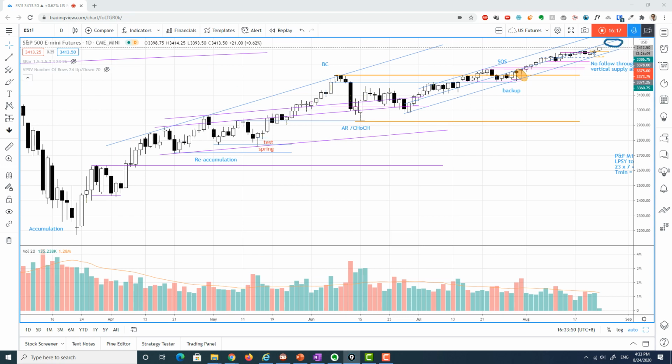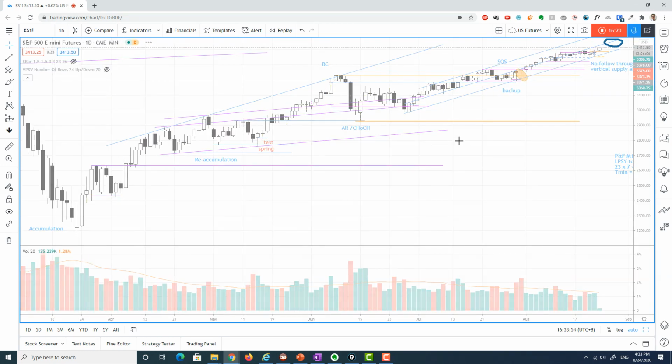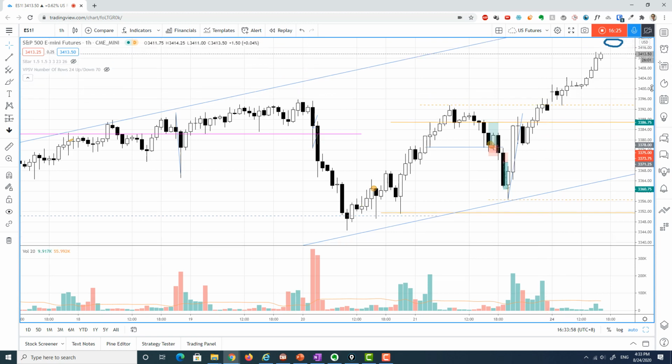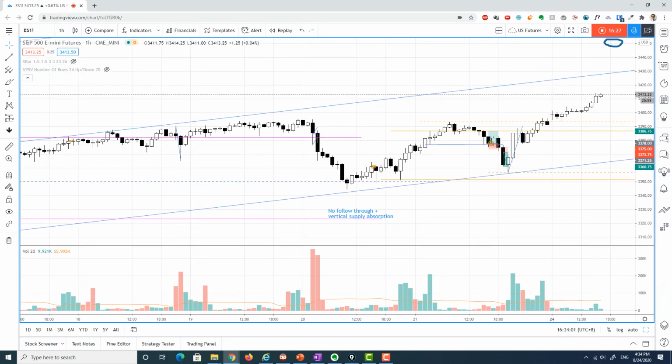Let me switch back to the hourly time frame. I think that could be around 34.30, so the midline could be around 34.30, followed by, I think, something close to 3500.